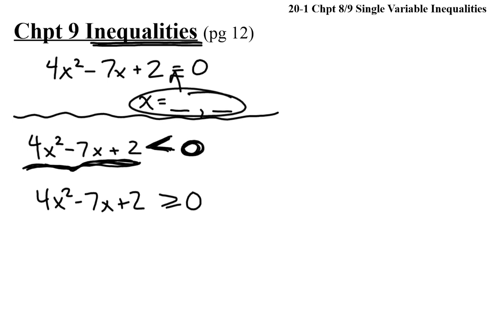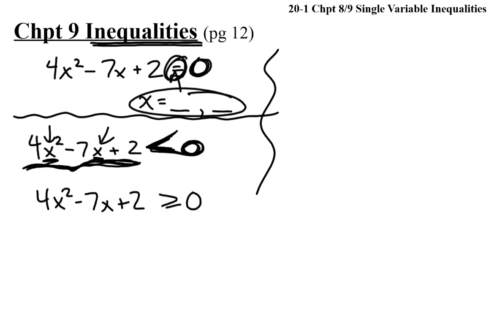Well, that means there's going to be all kinds of possible answers, because it doesn't have to be one specific thing. It doesn't have to equal 0. It has to be less than 0. So there's all kinds of things that I could put in there to make it less than 0. So an inequality, instead of coming up with very specific answers, we come up with something that looks like a specific answer, but there's lots of possibilities for it.